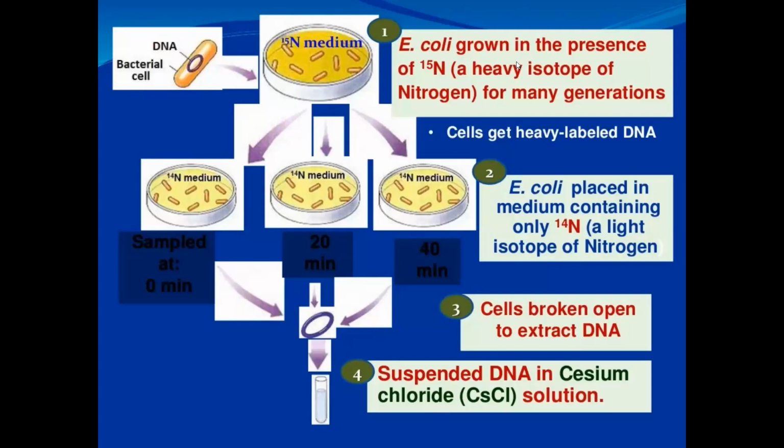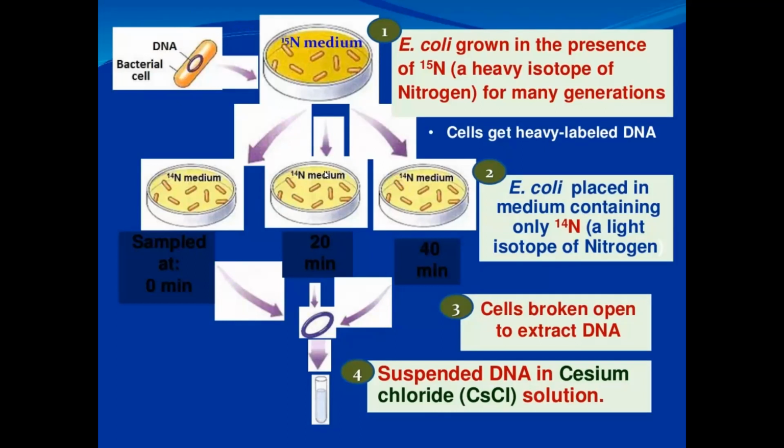E. coli was grown in the presence of a heavy isotope, nitrogen 15, for many generations, where the parent was incorporated with this N15 nitrogen. Then they plated it in media containing N14. In the second generation, you can see the E. coli placed in media containing N14, a light isotope of nitrogen.